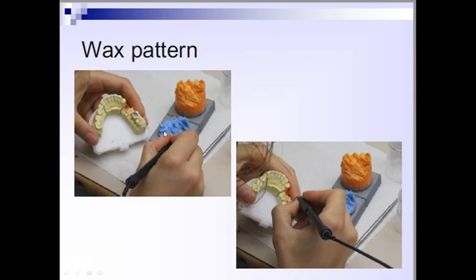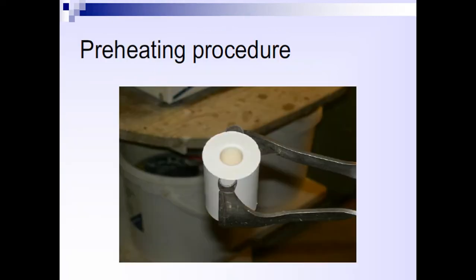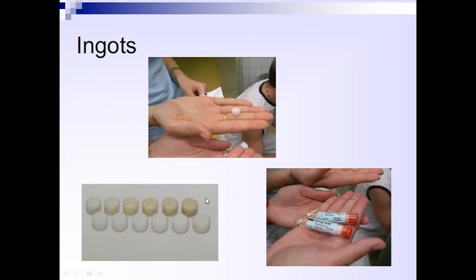This is the wax pattern you are seeing, the fabrication of a wax pattern for any indirect restoration. That can be an inlay, an onlay, or a full crown, any of these indirect restorations. First we form a wax pattern, then we invest that wax pattern, then we preheat the investment for burnout to take the wax out. Just as we have metal pellets, in a similar way we have these ceramic pellets.